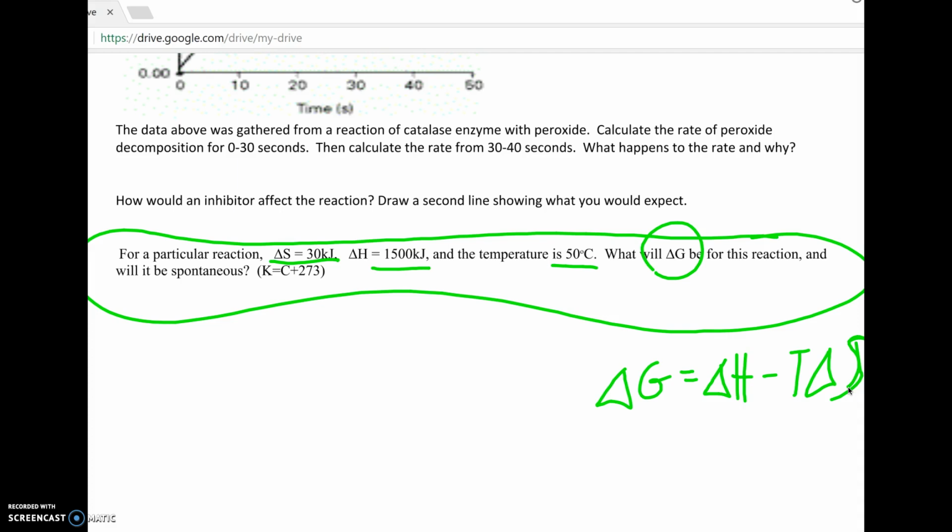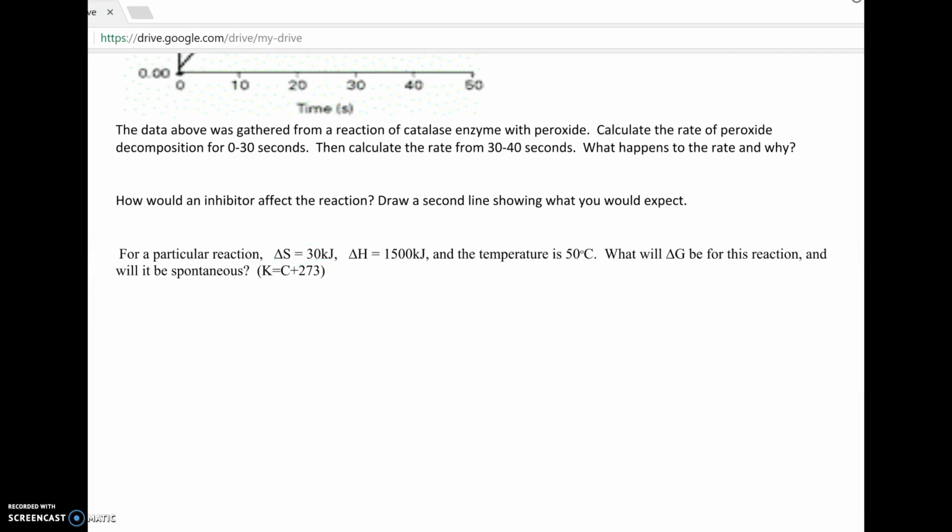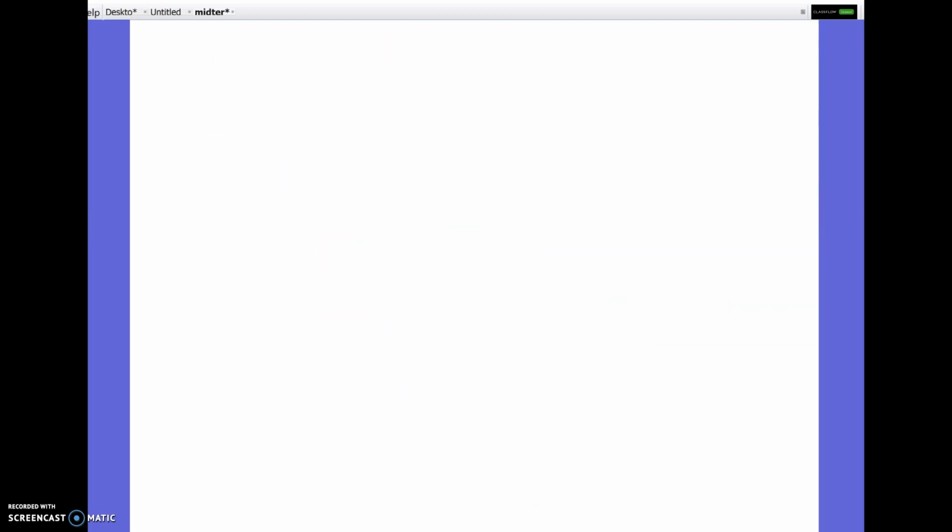And the only other thing I wanted to touch on really quick, aside from this stuff, the other thing about enzymes you should know is, and if you got your test back, which you should have, make sure you know the labels on the enzyme. Almost everybody got it right, but this would be the enzyme. What would this be? The substrate.